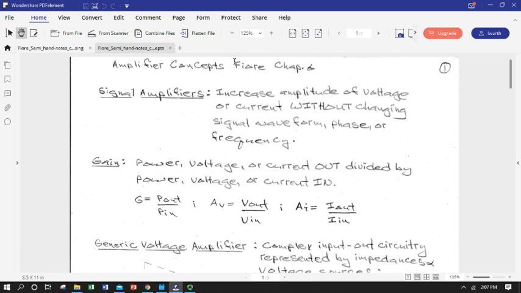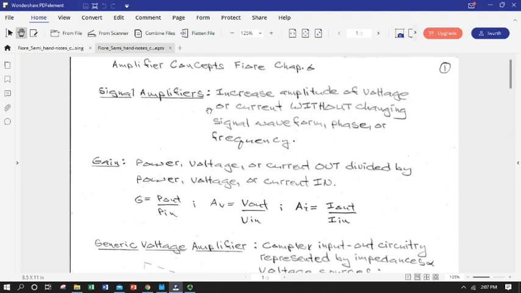Nonetheless, they can serve the same role as our BJTs, albeit with different circuitry. So this is general amplification concepts that we will then apply for small signal amplifiers in the context of our BJTs in Chapter 7.